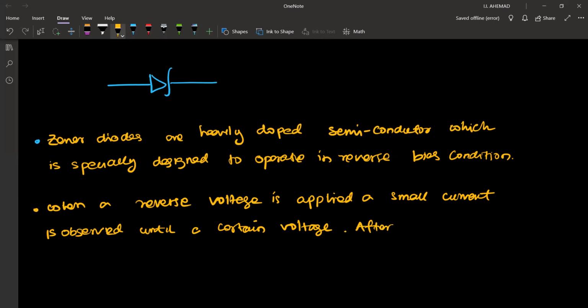Afterwards, the current rapidly and sharply increases.